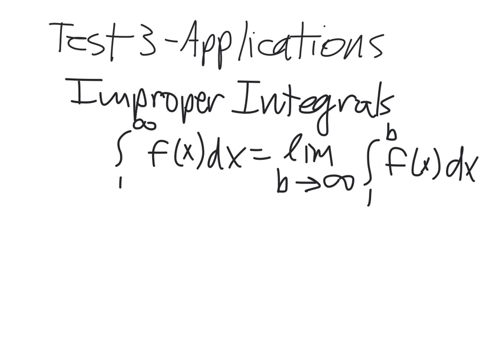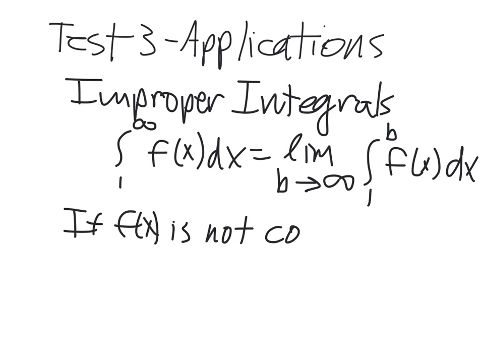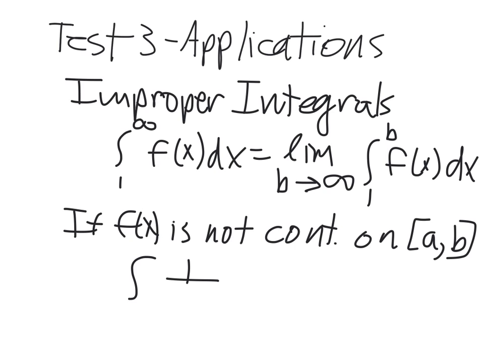Now, there was another type of improper integral. That's where f of x is not continuous over a to b. Like, well, number 2, we had 1 over x minus 3 quantity cubed over the integral from 0 to 4. Why would this be an improper integral?